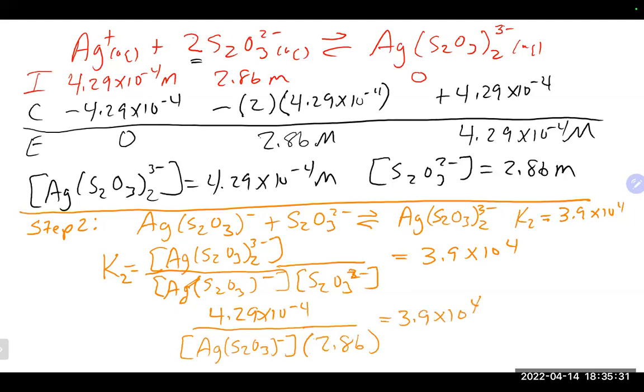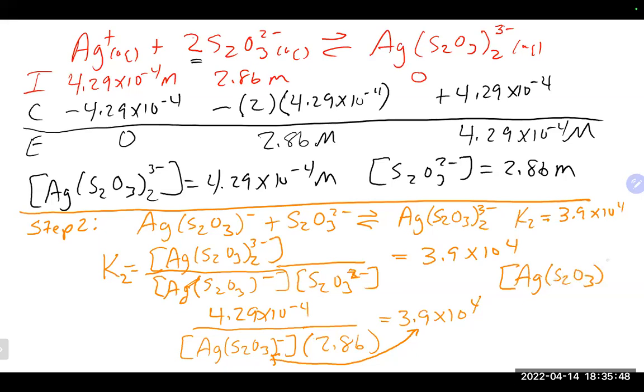It's going to be basically the same math. The K value and the missing concentration there are going to switch places. If you do that, that will give you this guy's concentration, which is what we are looking for.